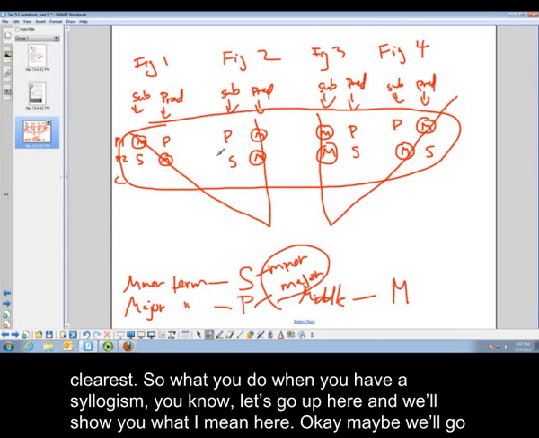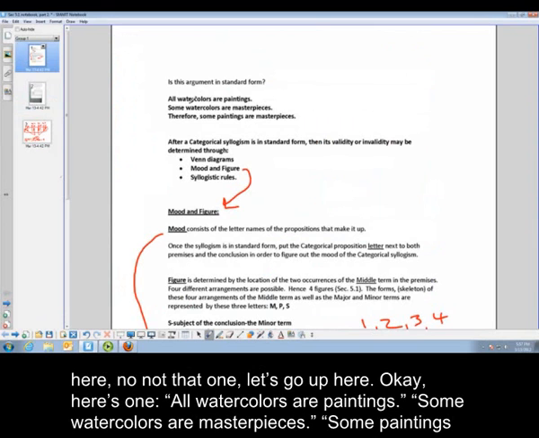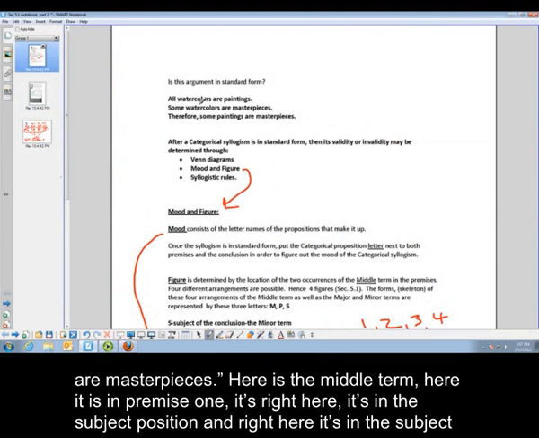So what you do when you have a syllogism, you know, let's go up here and we'll show you what I mean here. Okay, here's one. All watercolors are paintings. Some watercolors are masterpieces. Some paintings are masterpieces. Here is the middle term. Here it is in premise 1. It's right here.